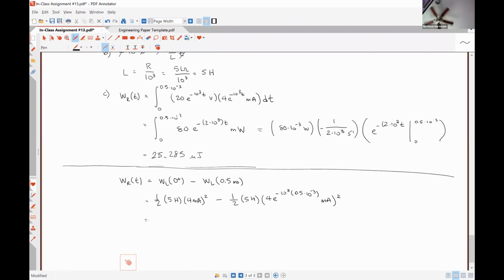So for my two terms, I get 40 microjoules minus 14.715 microjoules is equal to 25.285 microjoules. So same answer using no calculus.